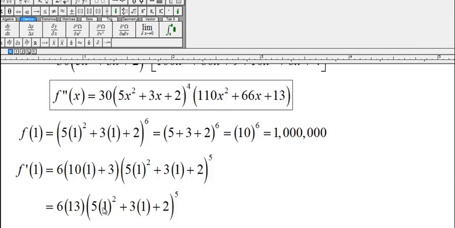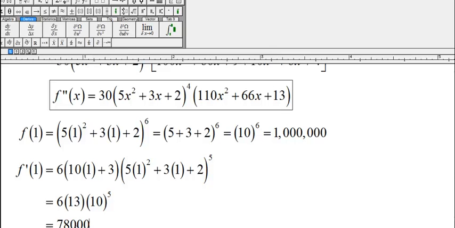Again, this is the same computation we did before. This is 1, this is 1, so this is 10, but it's to the 5th power this time. Okay, so let's do 6 times 13, 78 I believe. And then we got times 10 to the 5th, so that's 5 zeros appended to this.